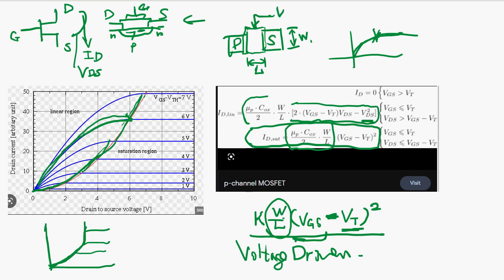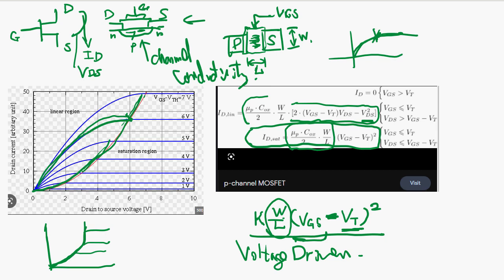You apply VGS, and this voltage controls the channel conductivity inside here. Okay, so you have to remember this.